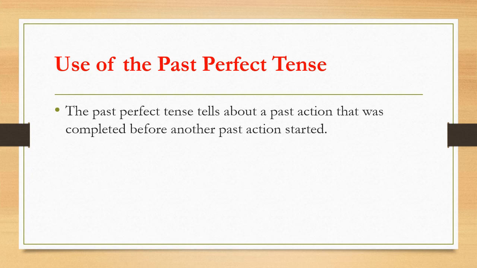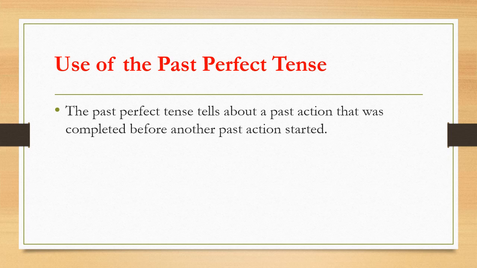O, sige, basahon danay naton ang use of the past perfect tense. So, the past perfect tense tells about a past action that was completed before another past action started. Okay? So, tungaon naton sa duwa ang aton definition so that makaintindi ka kung diin nga importante nga part sang definition ang dapat nimo lantawon.